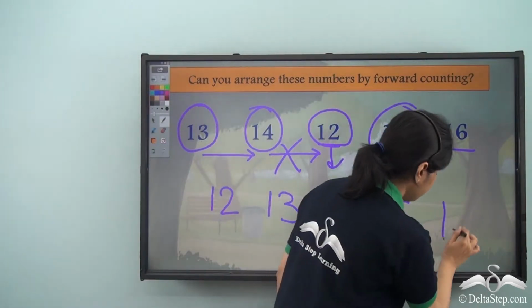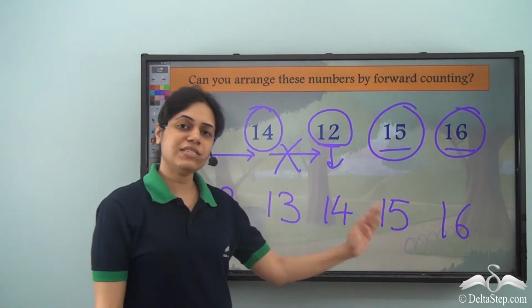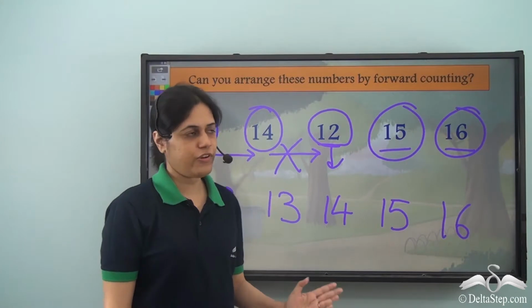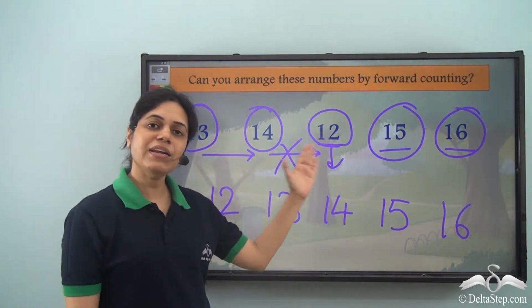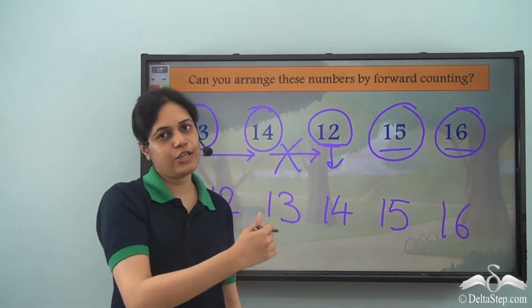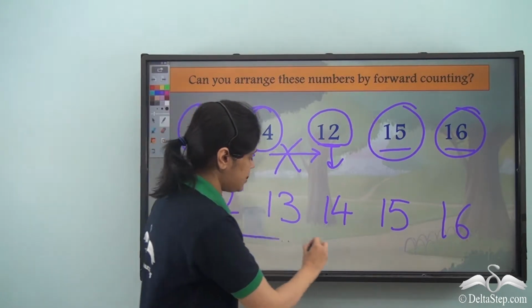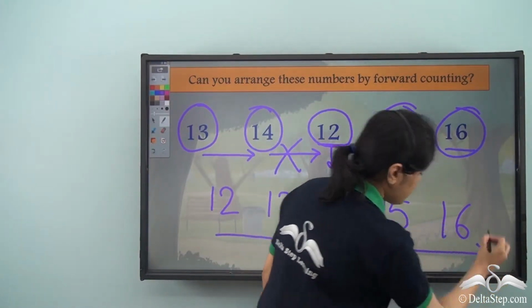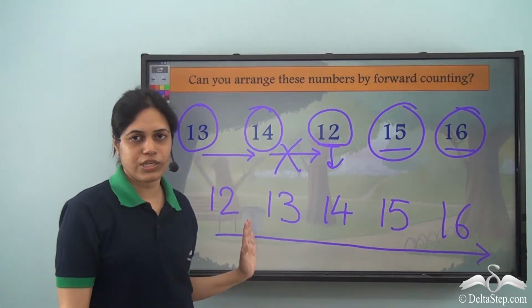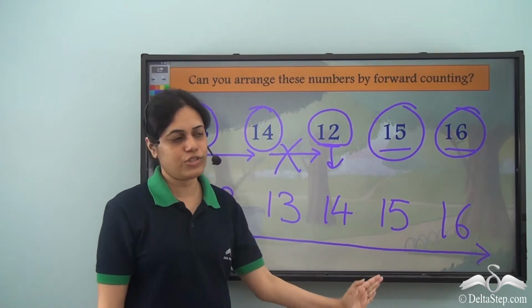After 15, we get 16. After 16, do I need to go after 16? Well, no, because all my numbers have been covered. So I will stop at 16. I don't need to go any further. So this is the arrangement of numbers by forward counting. We have arranged the given numbers using forward counting.